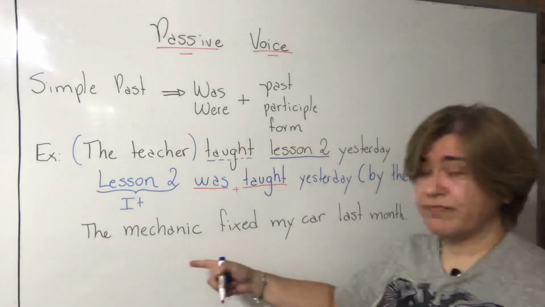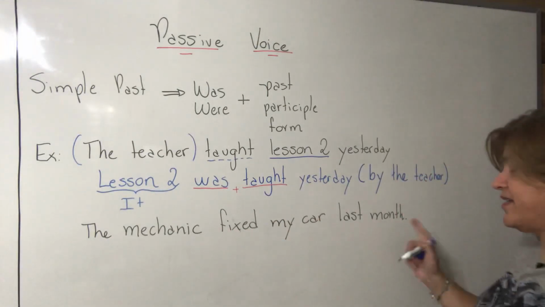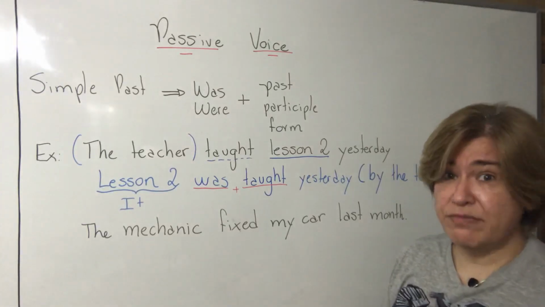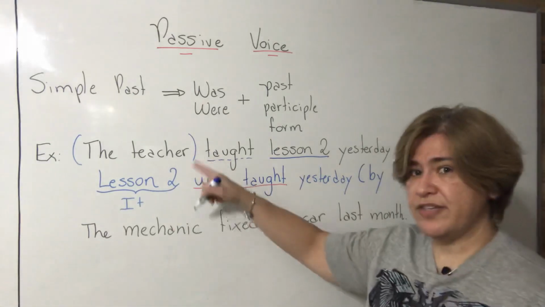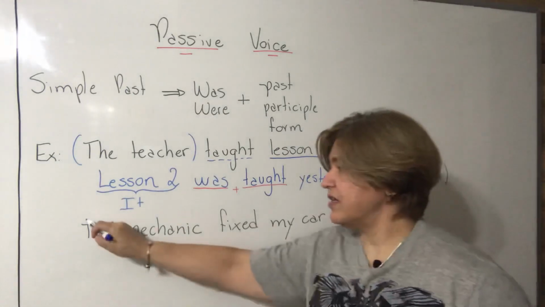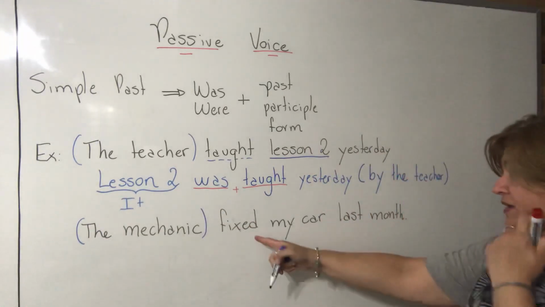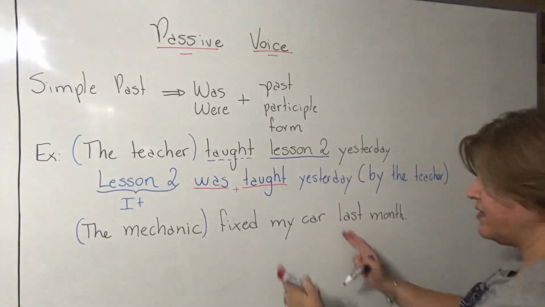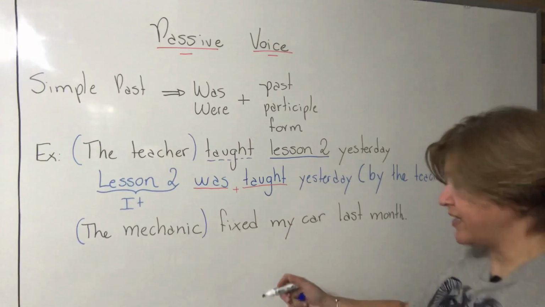The next one. The mechanic fixed my car last month. The mechanic. What does a mechanic do? Fixes cars. So again, it's the same situation of the teacher. This person here should be omitted. And then we have fixed my car last month. According to what I said, we are going to put the complement as the person of the sentence.